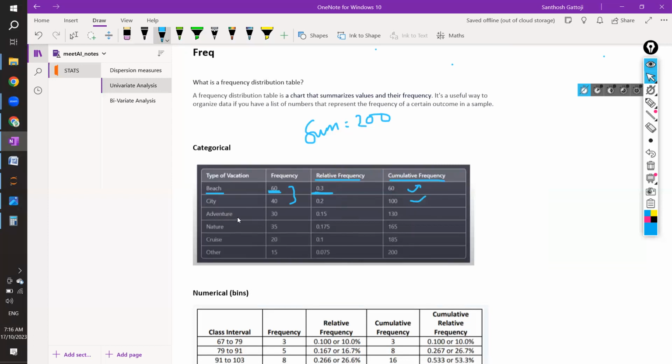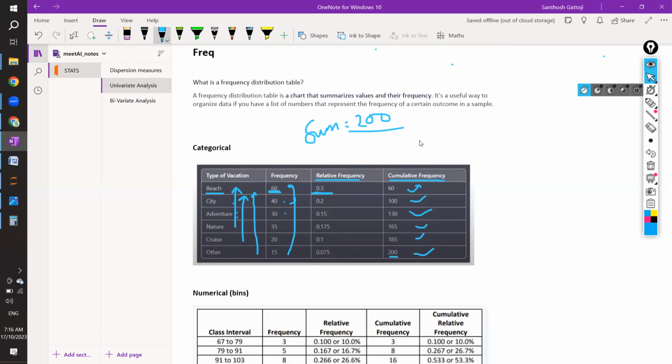For adventure, the cumulative frequency will be beach plus city plus adventure, that means 60 plus 40 plus 30, 130. For nature, it will be nature and all above it, 165. For cruise and all above it, 185. For other, all of it, the overall sum which you have seen, 200.